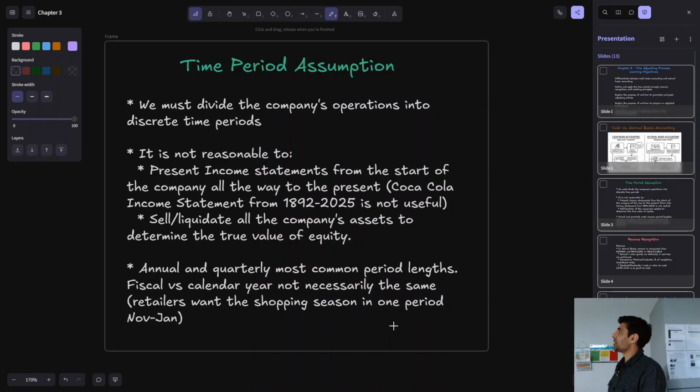What is the busiest period of sales for most retailers? During the holidays, right? So they want to have November, December, January all in the same accounting period. They shift their cutoff times to include their entire holiday shopping season.